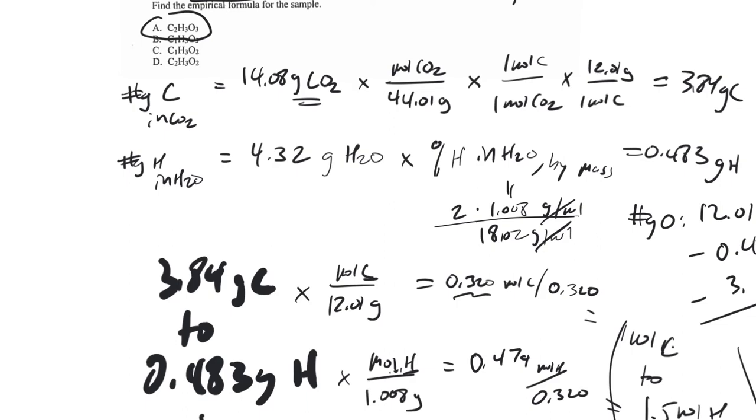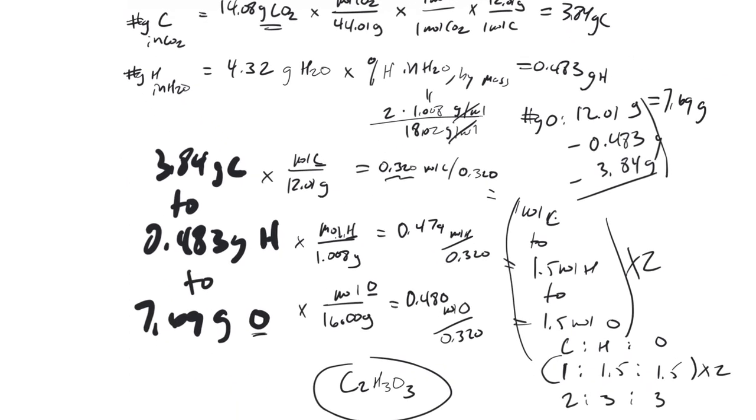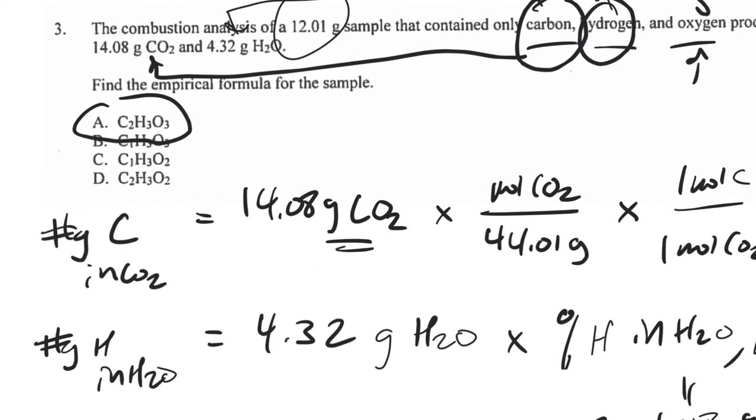There are always a few variations, but the last part that I went to in the question was to go back, very carefully, to see what the question is actually asking for. Because sometimes in a problem like this, you think it's asking for the empirical formula, and it's actually not. So make sure you double check once you finish a problem like this, especially where you see the numbers and start crunching them.